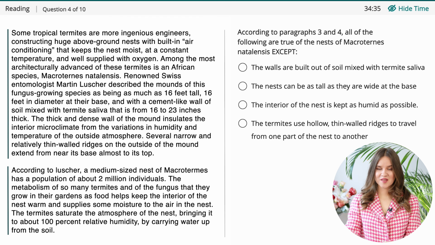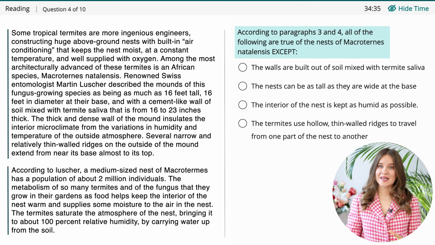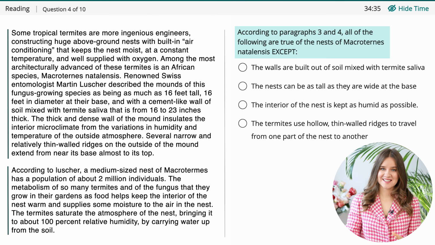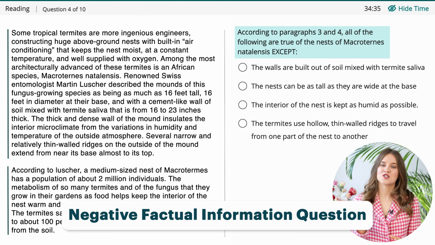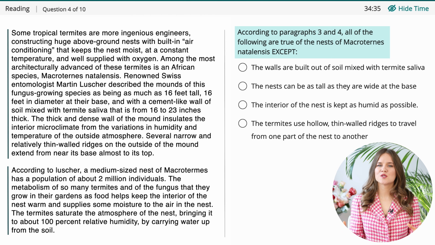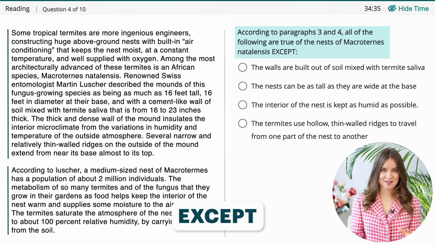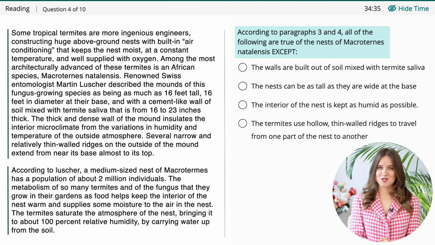Question 4. According to paragraphs 3 and 4, all of the following are true of the nests of Macrotermes natalensis, except. This is a negative factual information question because it includes the word except. This type of question asks you to find the one detail that is not mentioned in the passage.